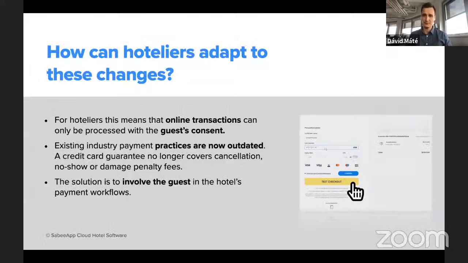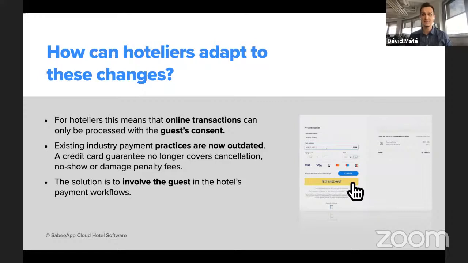And now that we have the fundamentals, I want to continue with the questions on how we can adapt to customer authentication and to these PSD2 requirements, because we know now that online transactions can only be processed with the guest consent. And in the case of the hotel industry, reservations are created well in advance before check-in. So the guest is not going to be present, not going to be able to authenticate the transaction with the hotel.